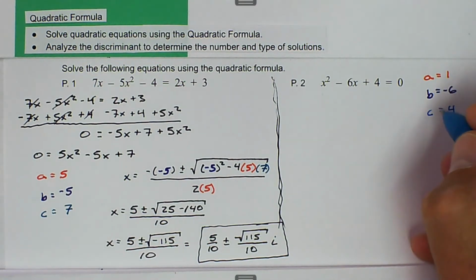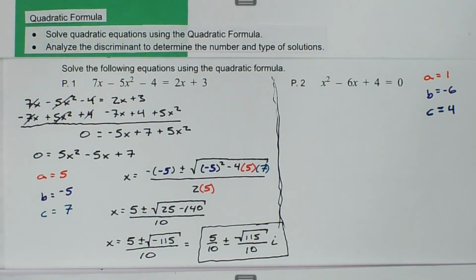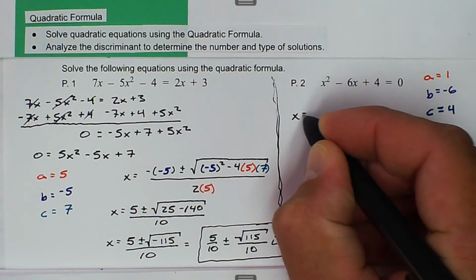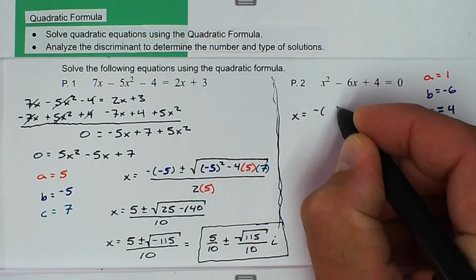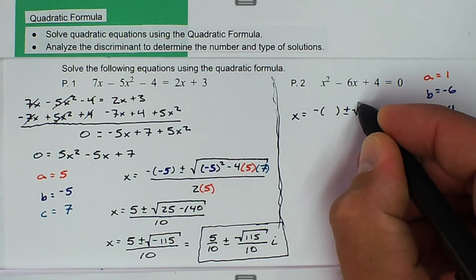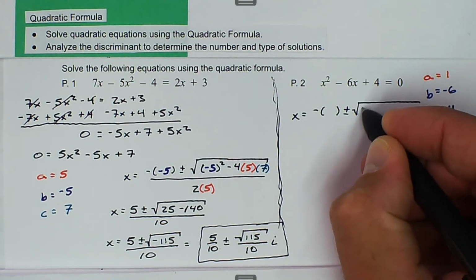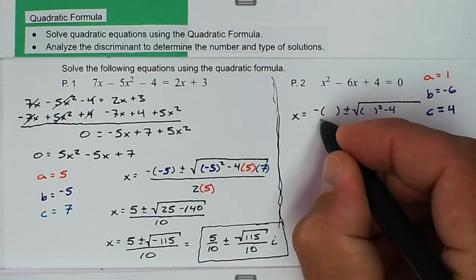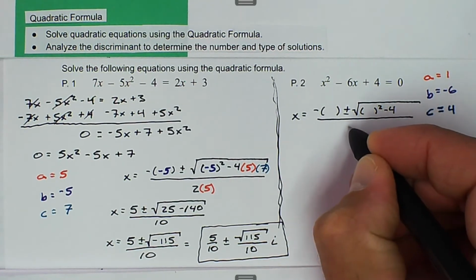So we can substitute those values in. So we get x equals negative b plus or minus the square root of b squared minus 4ac, and then that's all going to be divided by 2a.